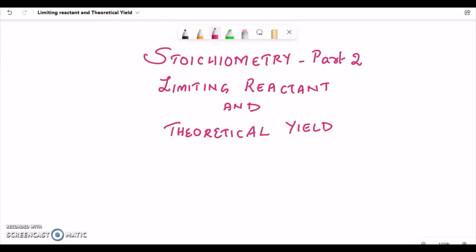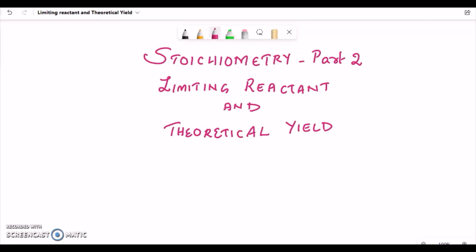Stoichiometry Part 2. In Part 1, we had seen how to write a balanced chemical equation and then using the coefficients in the balanced chemical equation to write mole ratios. These mole ratios could be used to find the amount of any substance in the chemical equation if we know the amount of another substance.